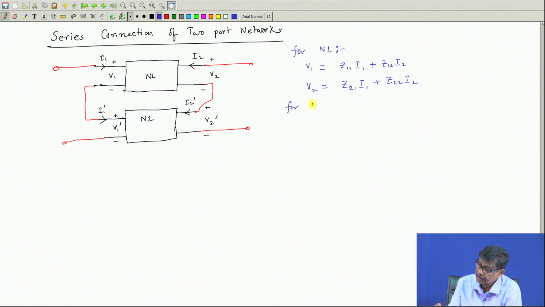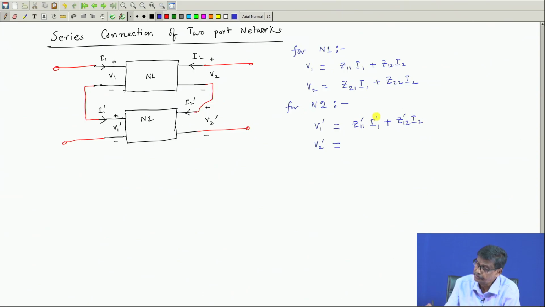For network 2, all the parameters will be replaced by dashed ones. So, V1 dashed is the input port voltage for N2, and V2 dashed, these are expressed in terms of Z11 dashed I1 dashed plus Z12 dashed I2 dashed. Parameter values may be different, we do not know.